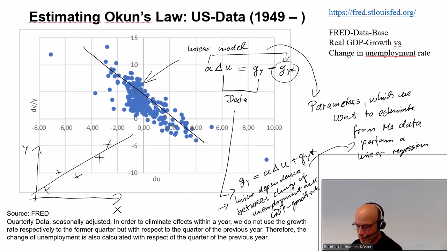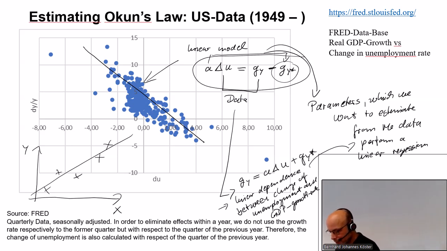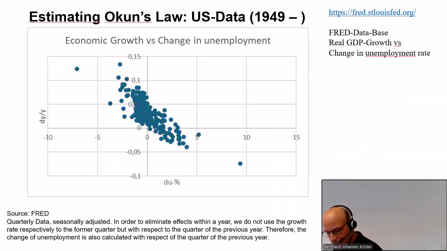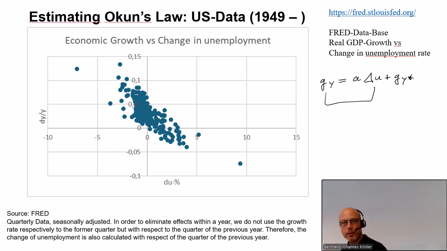Here, our dependence of, if we take this formula, how do we show this? Now here that we have g_y = a Δu + g_y*. These two are our data points.